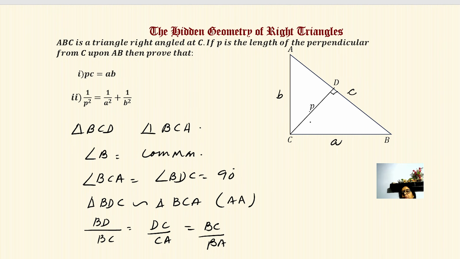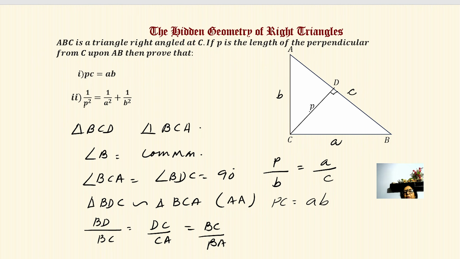DC is p. CA is this length, that is b. So p upon b is equal to a, and BA is equal to c. So if we cross multiply, you get pc is equal to ab, which was to be proved.